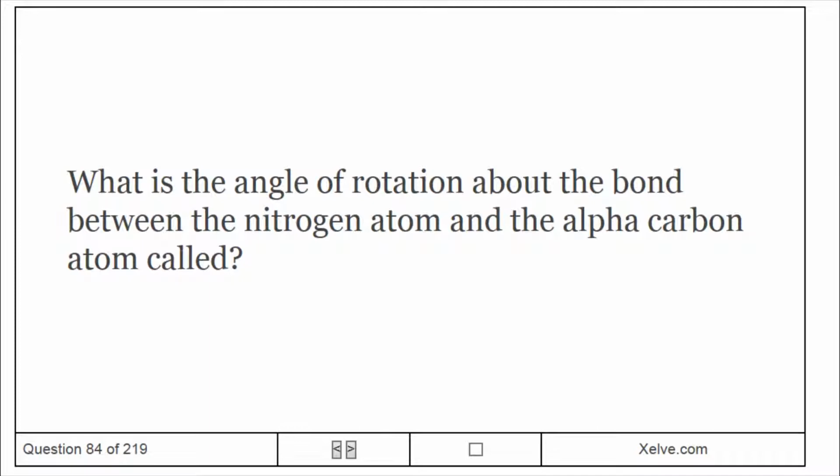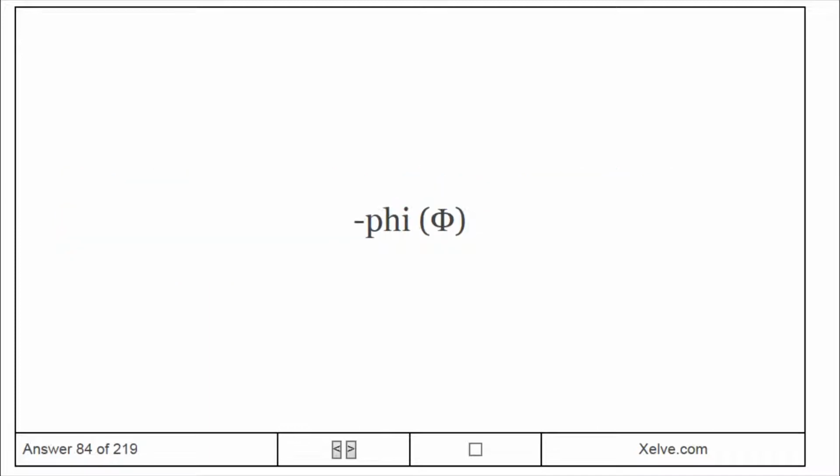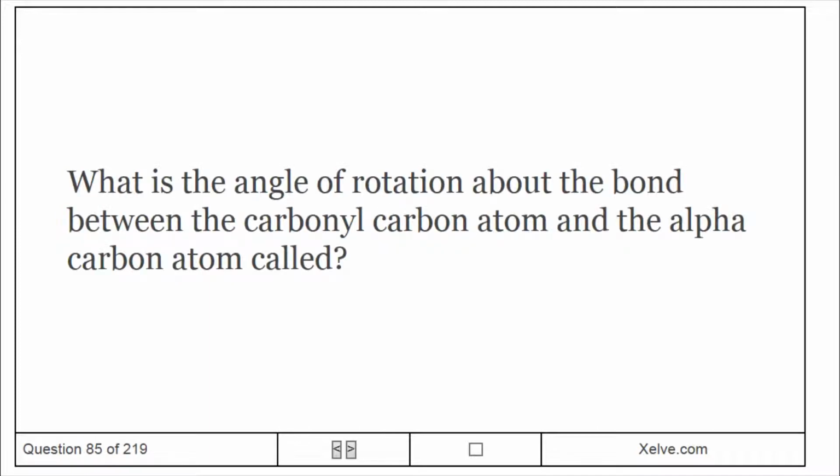What is the angle of rotation about the bond between the nitrogen atom and the alpha carbon atom called? Phi. What is the angle of rotation about the bond between the carbonyl carbon atom and the alpha carbon atom called?